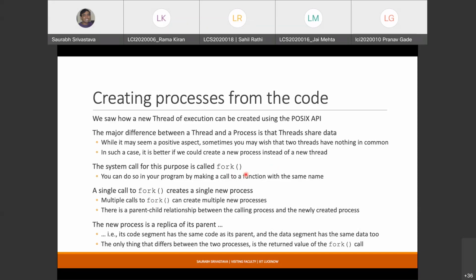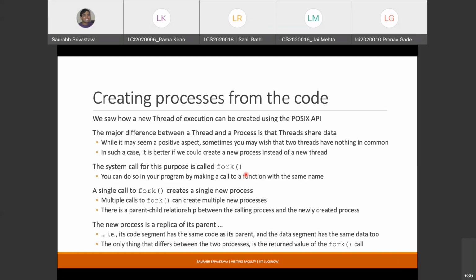System calls are the ways in which you interact with the kernel of your operating system. So there is a system call for forking, and it's called fork. And in C++, you also have a function with the same name, fork. With the help of this function, you can create a new process.